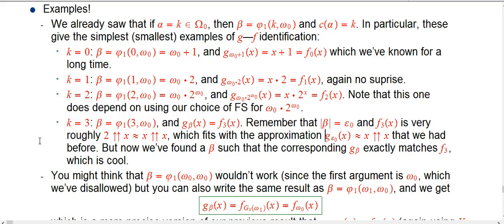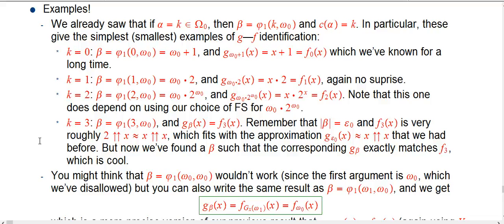A while ago, we had the approximation that if you take the slow growing hierarchy, but you look at the version of it with epsilon naught, a not so small ordinal, you actually start getting a function that's decently big, which is a double up, basically.